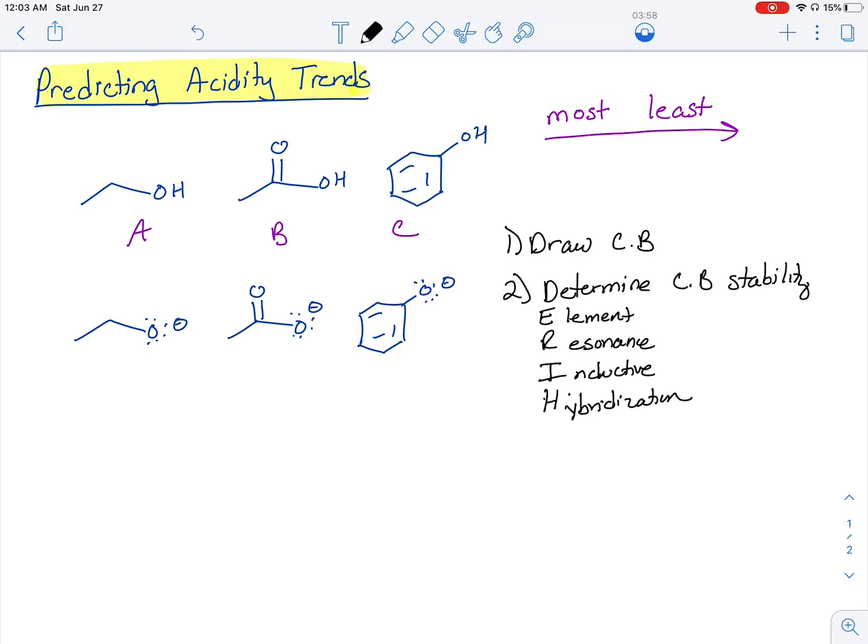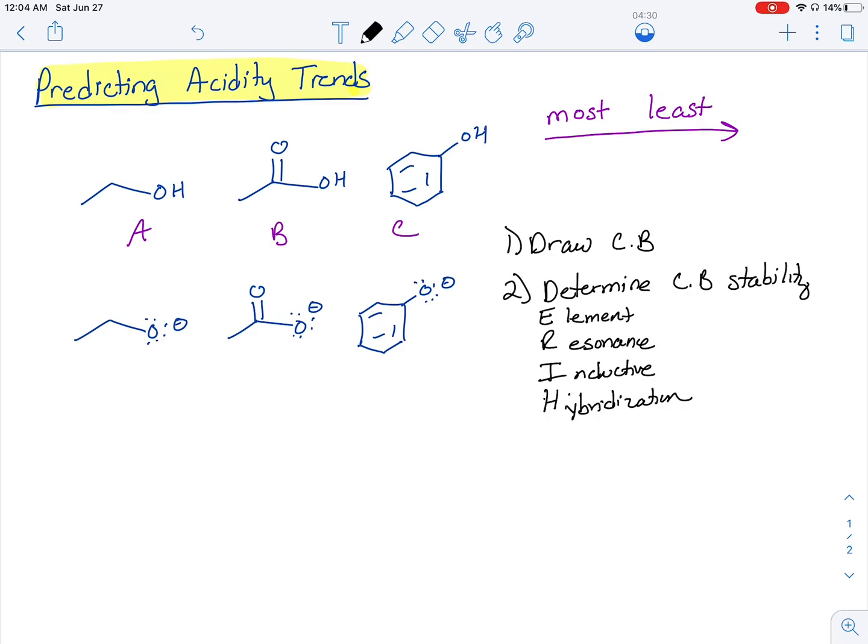The element effect says we want the negative charge on the more electronegative atom, and also on the larger atom. In this case, the negative charge is on oxygen in all of the cases, so element effect is not going to really help us that much here.